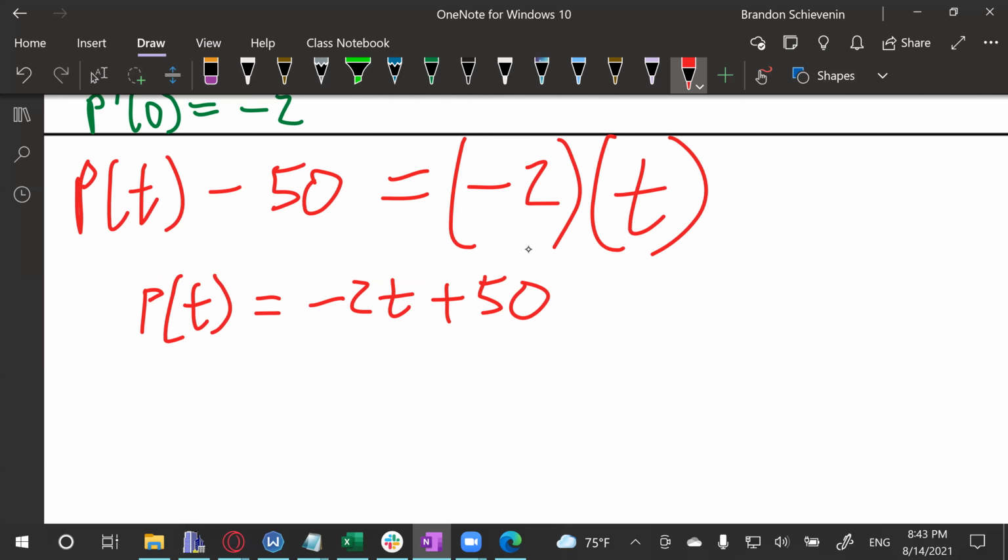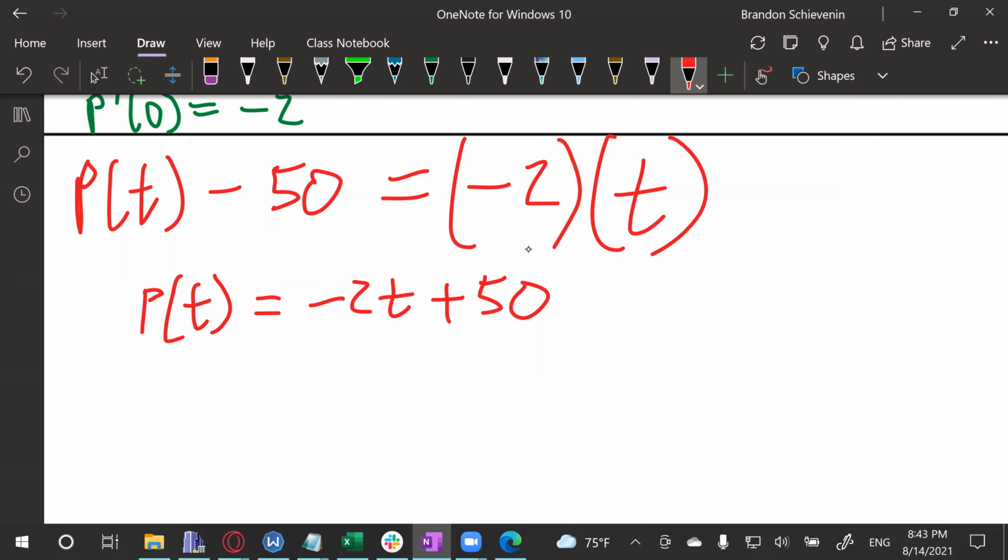Yes, so what should our inequality be? 40 less than -2t plus 50, less than or equal to.